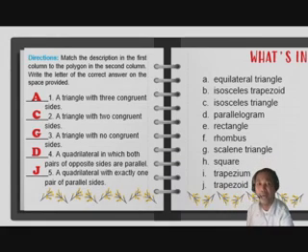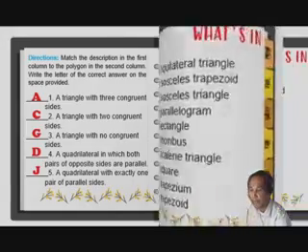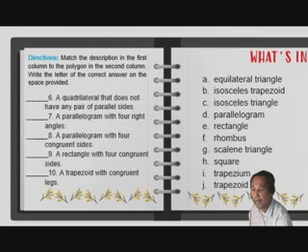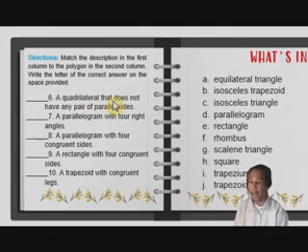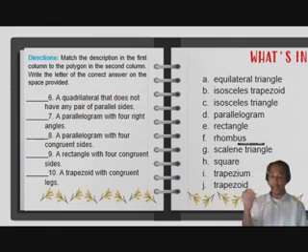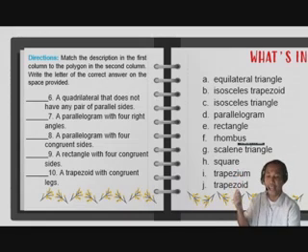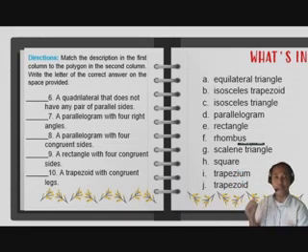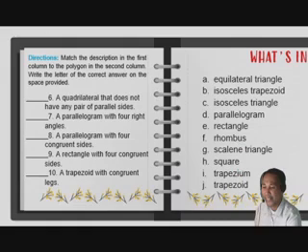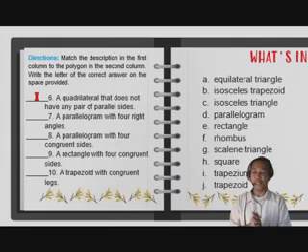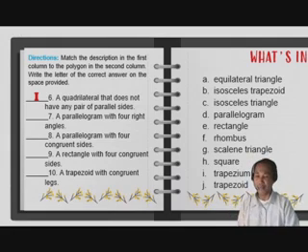So let's have another one, or the 5 more problems. For number 6, a quadrilateral that does not have any pair of parallel sides. Wala siyang parallel side. Kung ang sagot ninyo ay trapezium, letter I, tama ang inyong sagot. So let's proceed to number 7.